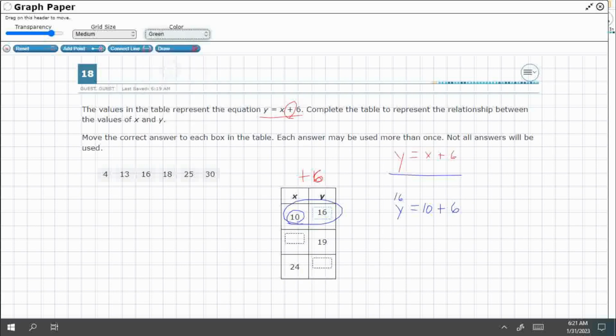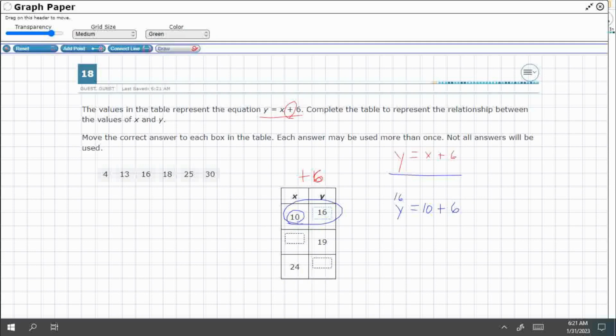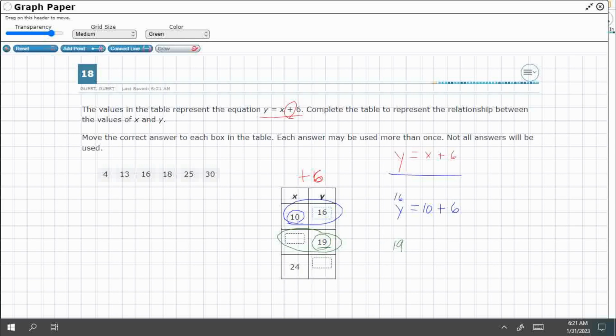All right, so let's get into green here. Now, here's the tricky part. This is going to be kind of opposite, kind of flipped. That's why I'm going to rewrite this. You notice that they actually give me a y. So instead of saying y equals x plus 6, I'm going to replace the y with my 19. So 19 equals x, my unknown, plus 6.